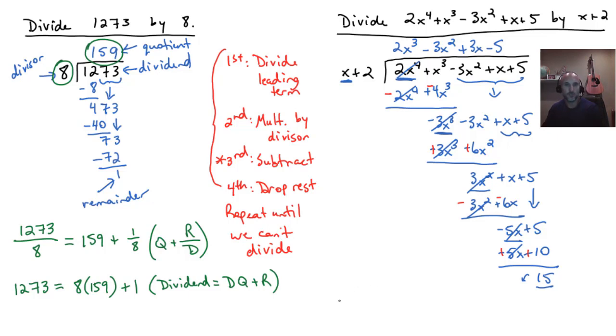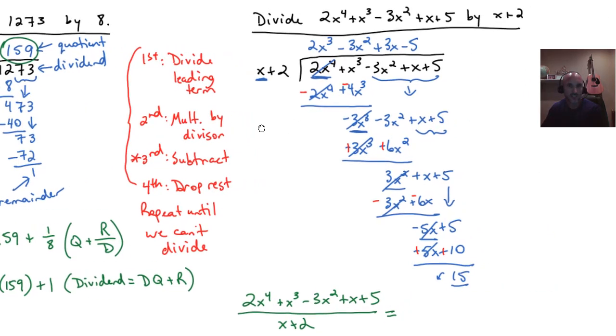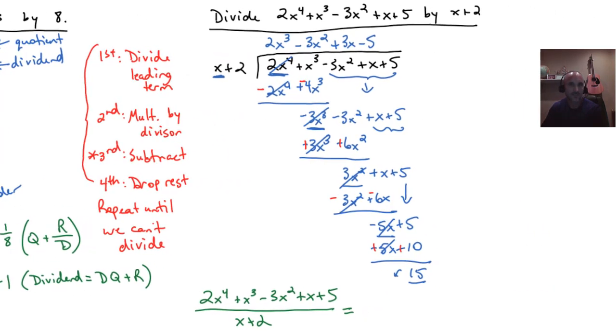The first result would be 2x to the fourth plus x cubed minus 3x squared plus x plus 5 divided by x plus 2 equals the quotient 2x cubed minus 3x squared plus 3x minus 5.